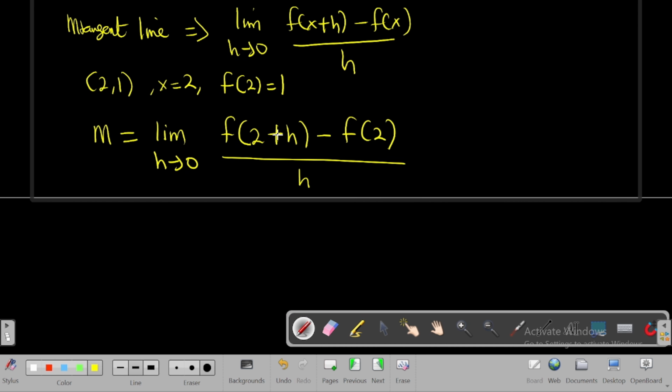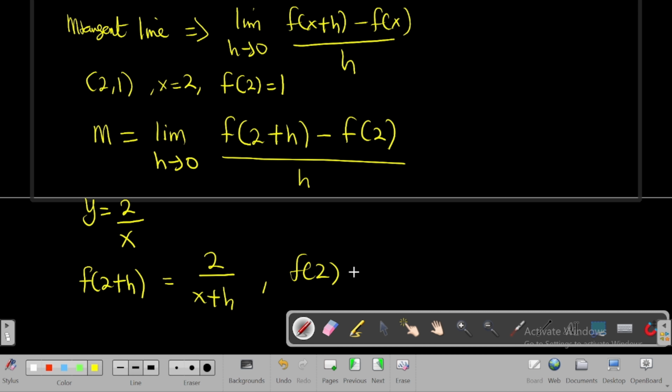So f of 2 plus h will be equal to, wherever we see x, we put 2 plus h there. So we get 2 over x plus h, and we know from here our f of 2 is 1.